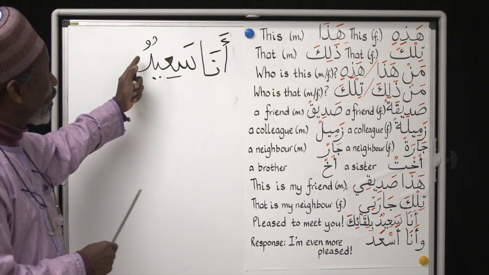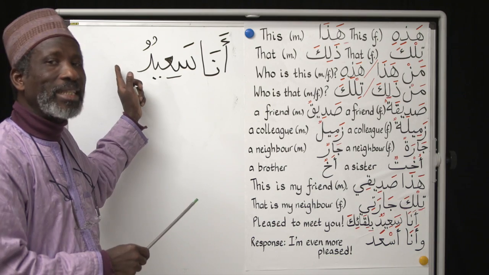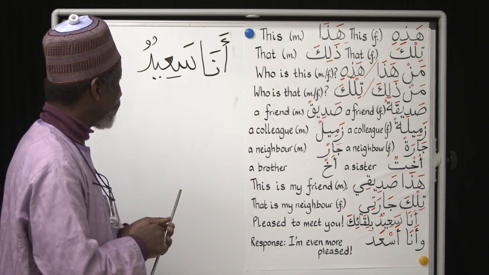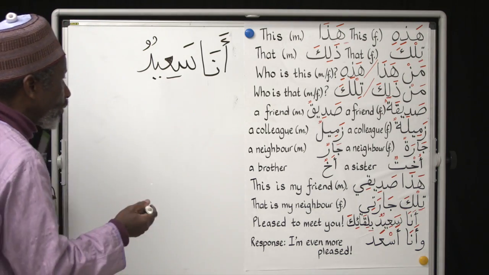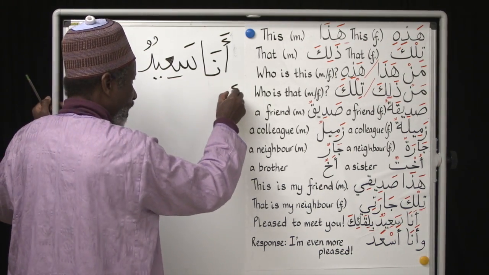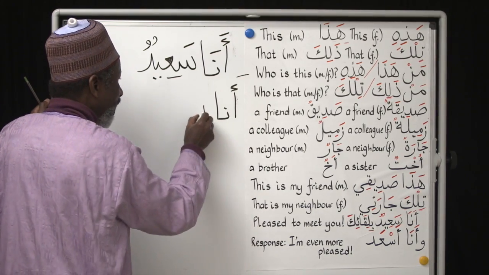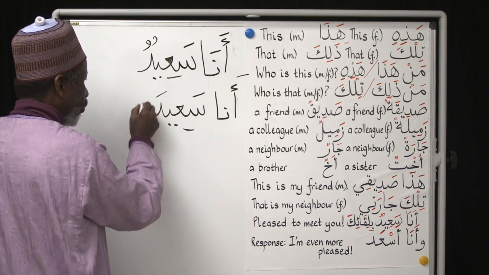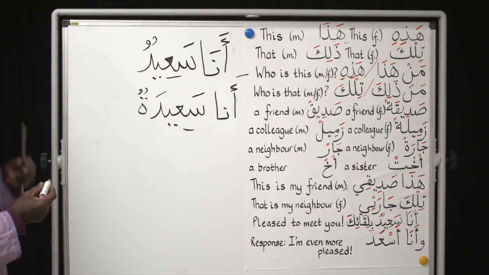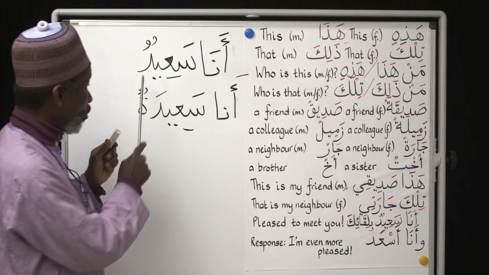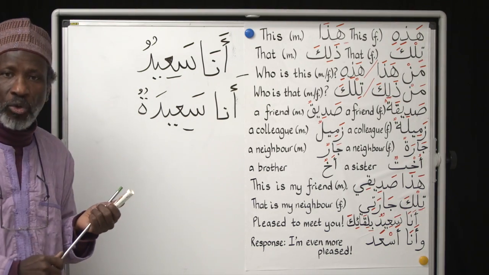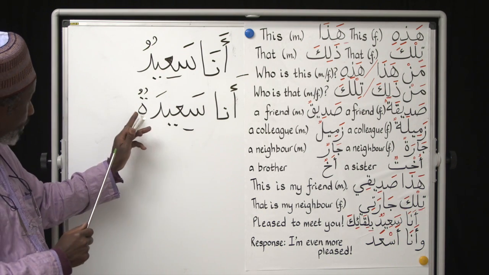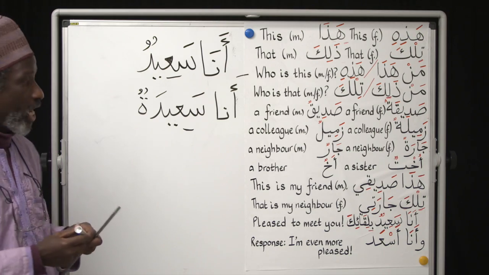Because there is no ta marbuta in this description. If a female is speaking, she will say ana, the same as male, but sa'idatun. Sa'idatun, I am happy. Ana sa'idun, ana sa'idatun. That's a male speaking, and this is a female speaking because the ta marbuta tells me that.